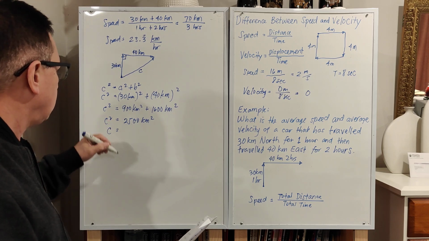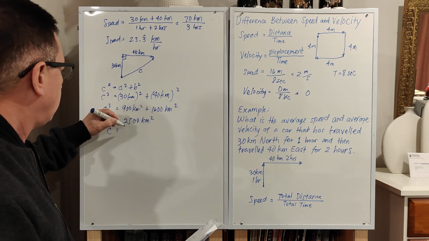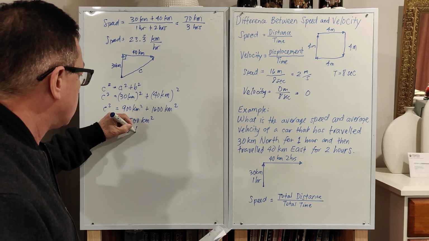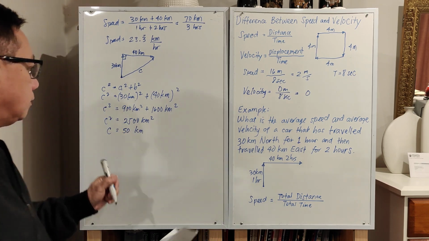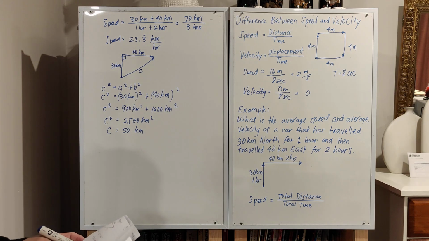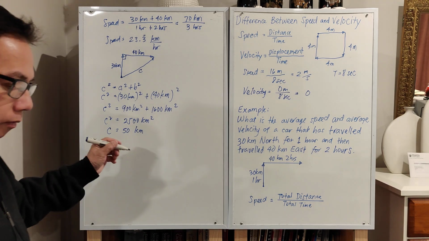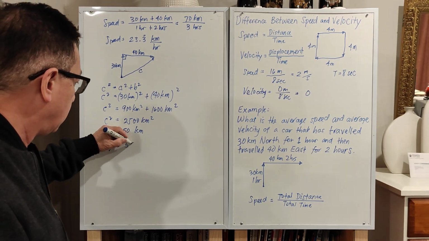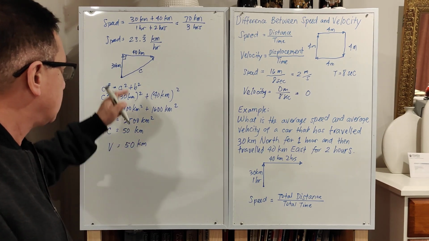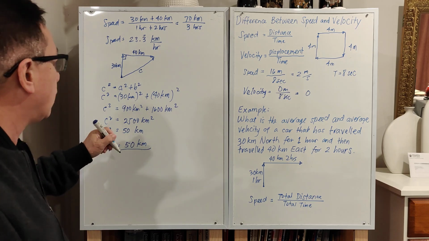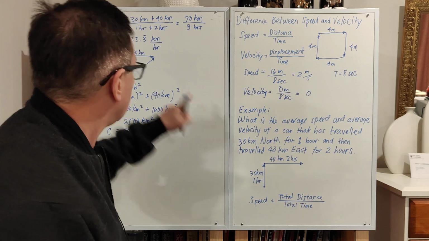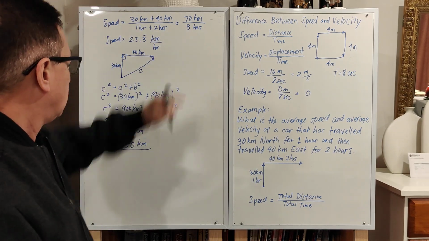C is equal to 50 kilometers. To compute for the velocity, we have 50 kilometers, which is the displacement, divided by 3 hours.